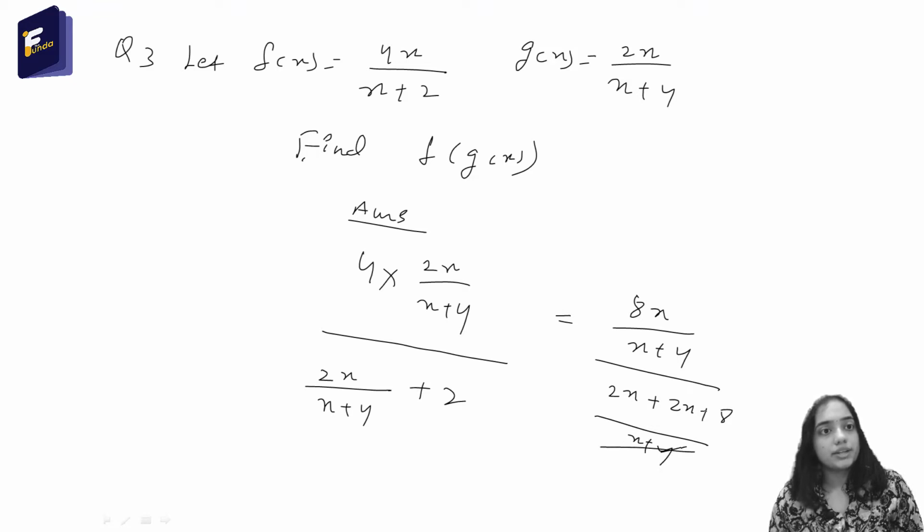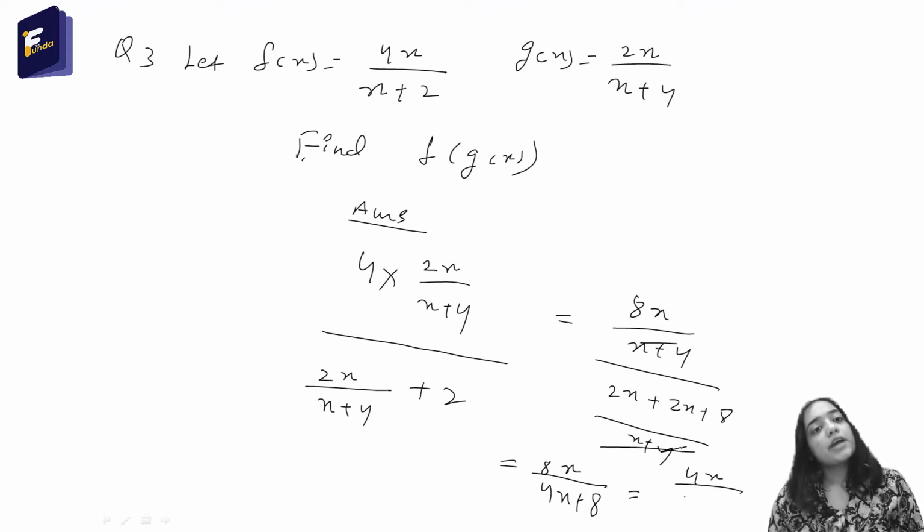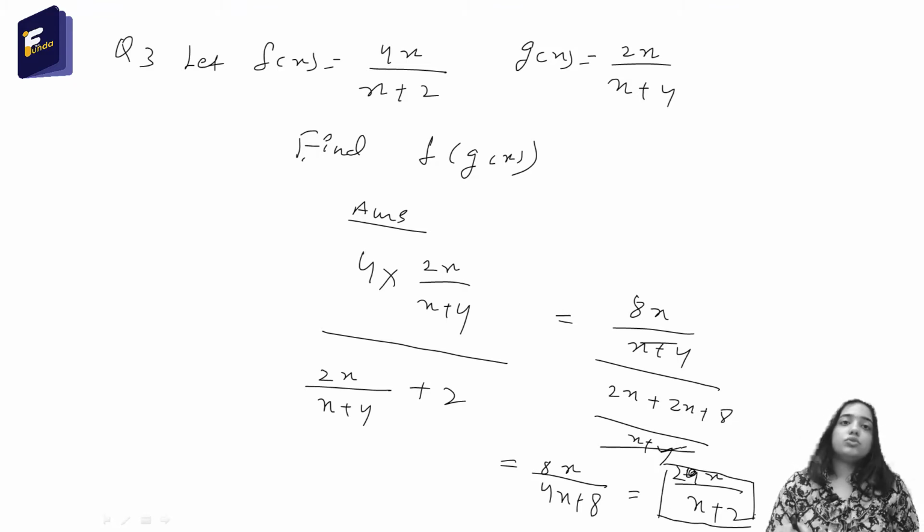So this cancels, and it is equal to 8x by 4x plus 8, which will be equal to, sorry, 2x by x plus 2. So this is our answer, 2x by x plus 2. So let's move to the next question.